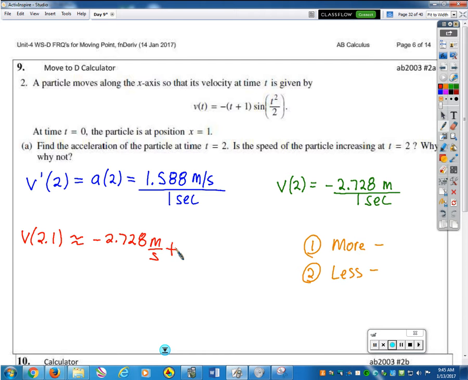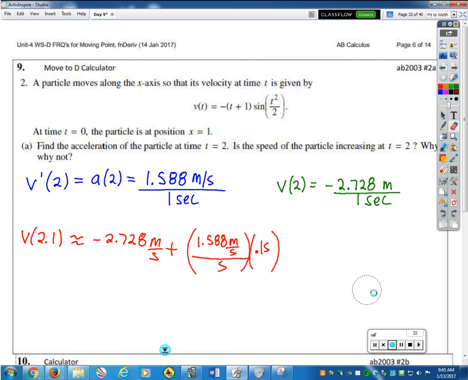So I write that down. Every second, the velocity changes by 1.588. So if a tenth of a second goes by, if I multiply by a tenth of a second, notice the units. The seconds divide out, and I'm left with the amount that the velocity will change by.